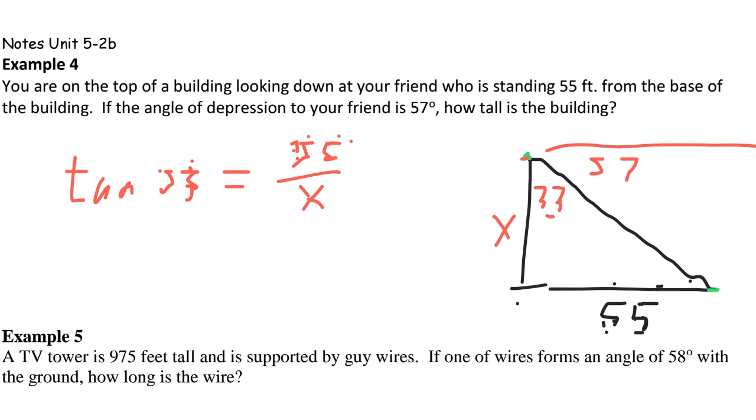So 55 divided by tangent 33 gives us 84.69, so 84.7. 84.7 feet tall. Next example.